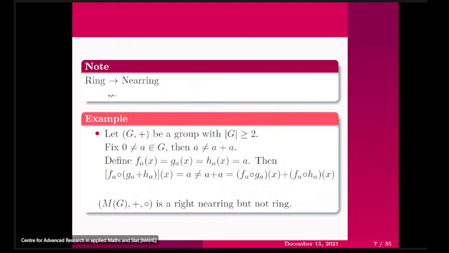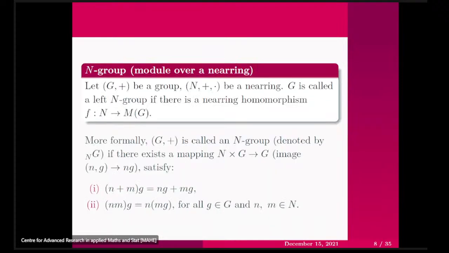Fixing a non-zero element A in G, if we define the maps f, g and h at x equal to A, then the left-hand side of the left distributive law is equal to A, whereas the right-hand side is equal to A plus A. So it is not true as A is non-zero. So Mg is a right nearing, but it is not a ring.